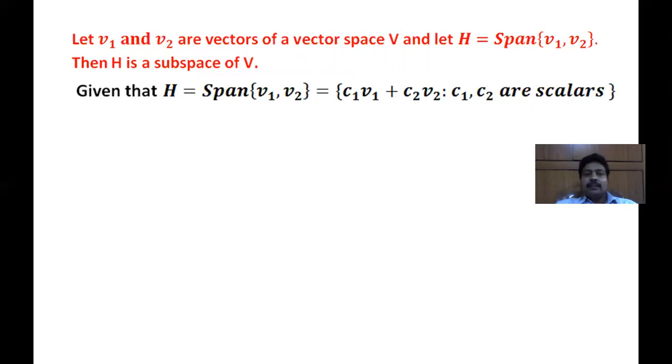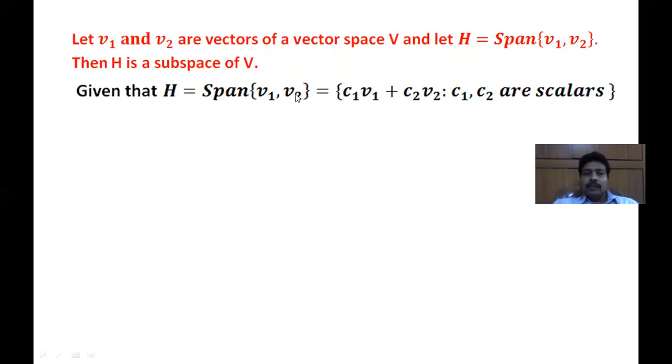Then H is a subspace of V. So we have to prove that the set generated by these two vectors V1, V2 is a subspace of V. It is given that H is equal to span of V1, V2.